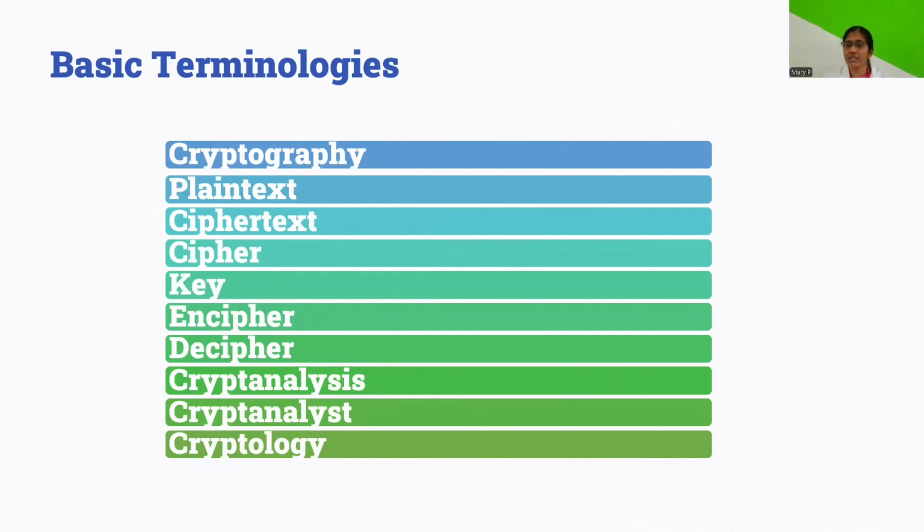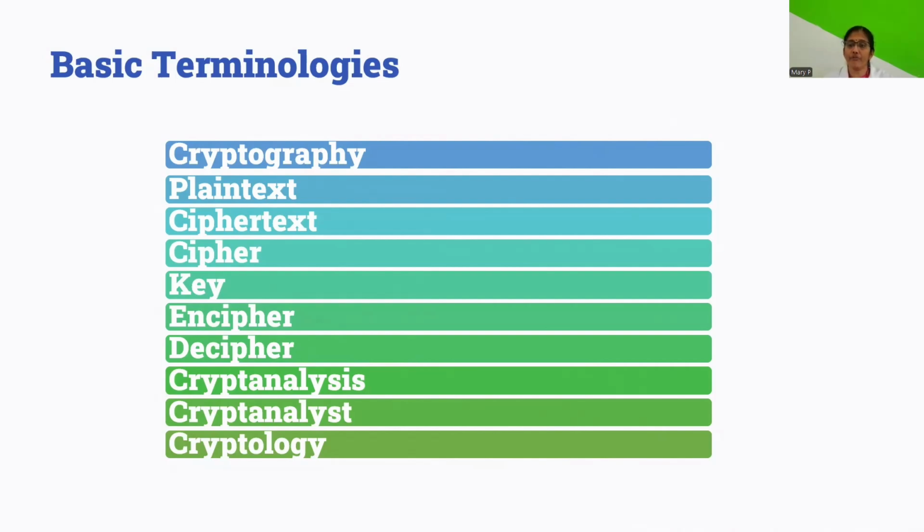So what do you mean by cryptography? It is an art or science that encompasses the principles and methods of transforming the plain text into ciphertext. What is plain text? It is the original message, in readable form. Using some algorithm, we convert that message into some other form, that means an unintelligible form.